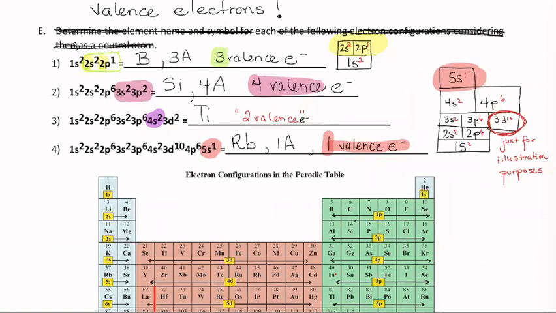Silicon is housing its electrons in a 3-floor building. It has 2 electrons in the first floor. It has 8 electrons in the second floor. It's just that there's 2 people in one apartment and 6 in the other. And then on the 3rd floor, it has only 2 apartments in which each of them are occupied by 2 people. So silicon has 4 valence electrons, not 2.